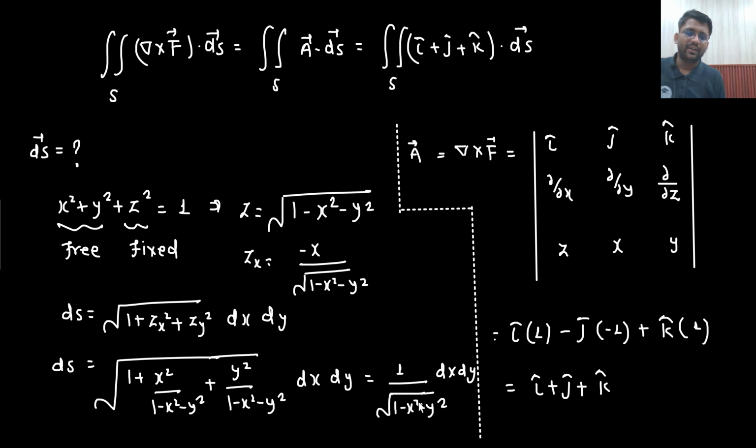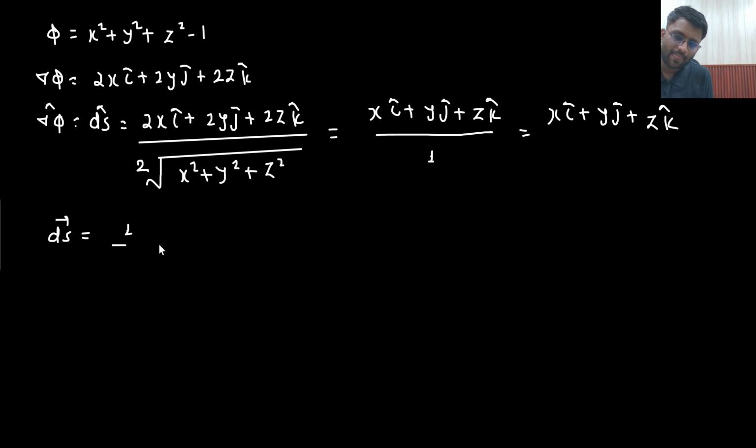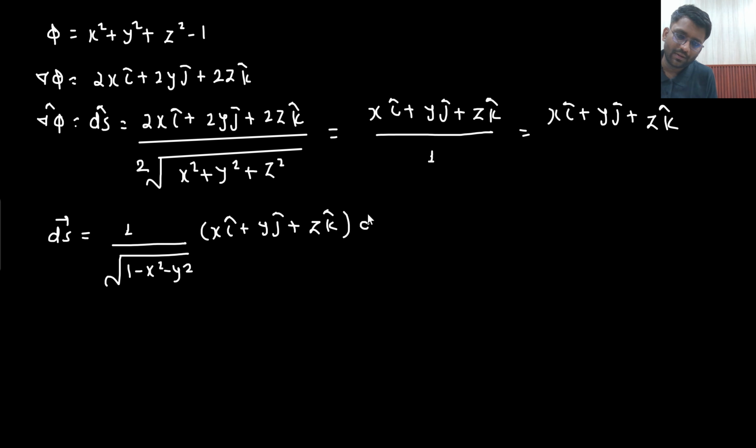The dS vector is coming out to be 1 by under root 1 minus x square minus y square, times x i cap plus y j cap plus z k cap, dx dy. This is the dS vector you are getting.